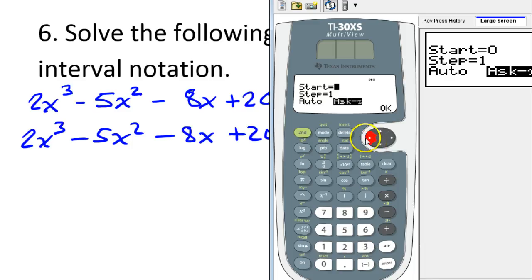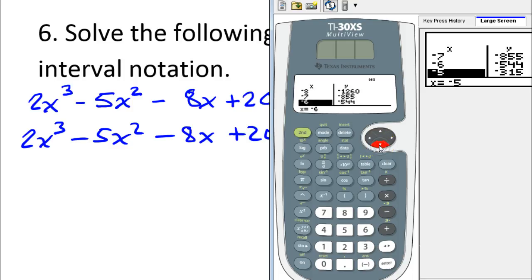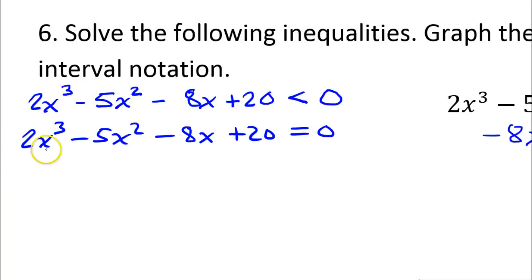Okay, and when I'm hunting for zeros, I need to be back in auto mode again. Okay, so here we are. I usually start at -10. So starting from -10, I'm going to scroll down looking for zeros on the y side. The first one I find is -2. So that is a zero of the function.